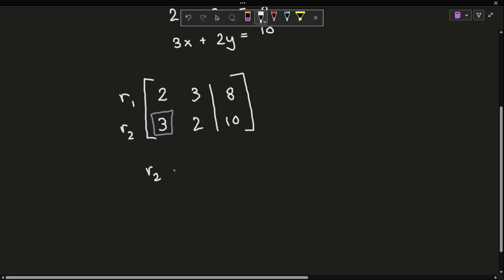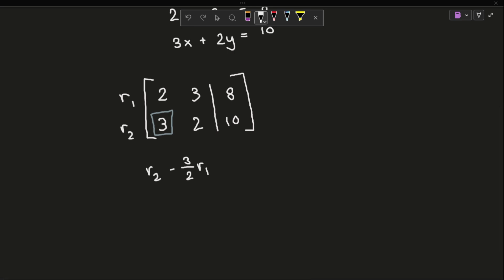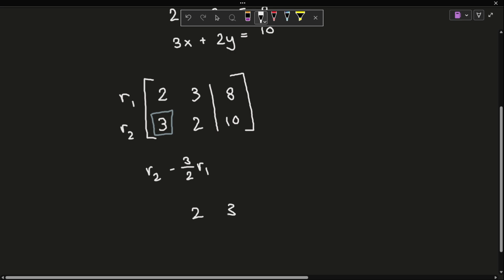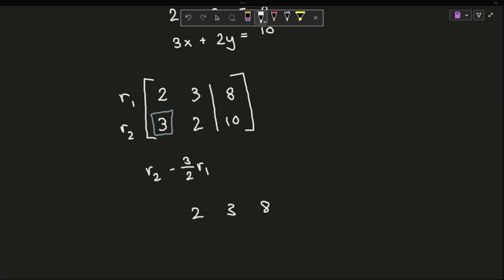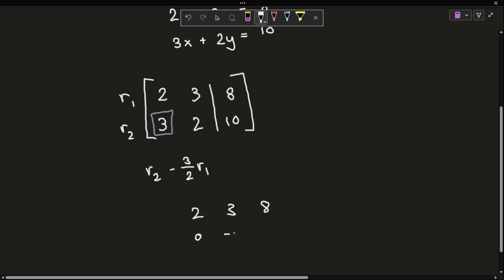So r2 minus 3/2 times r1, and that's going to give us 2, 3, 8, and then 0, 5/2, and then -2.